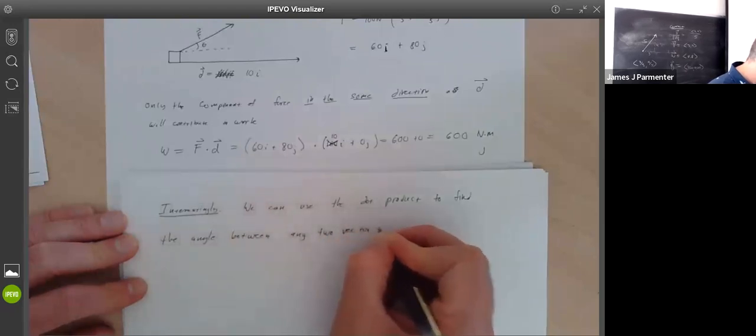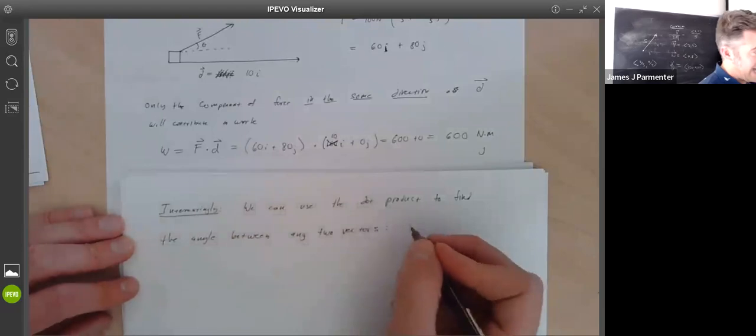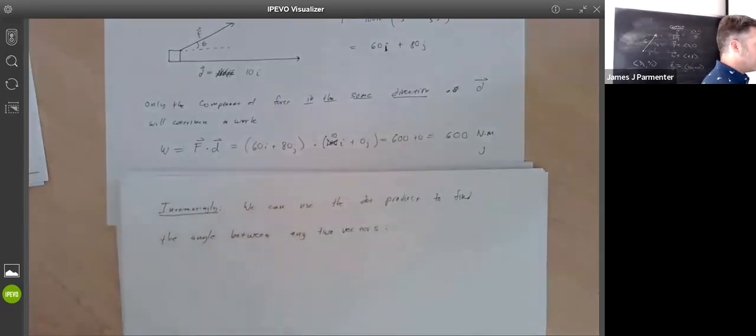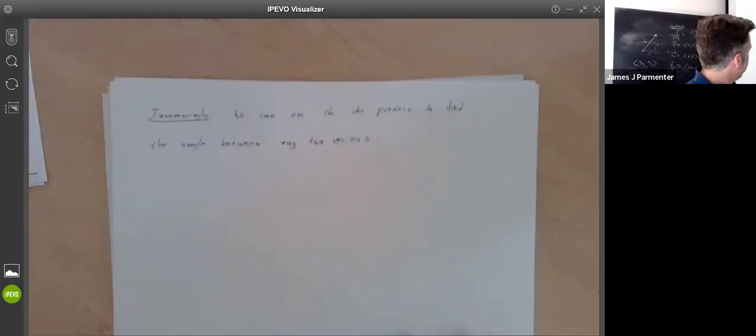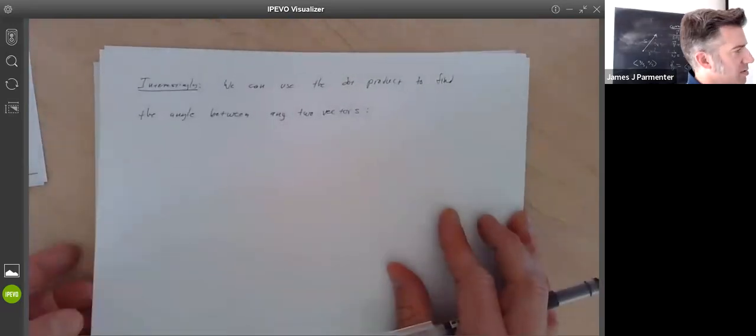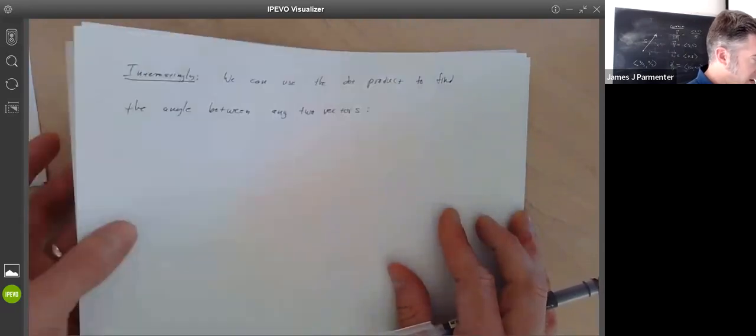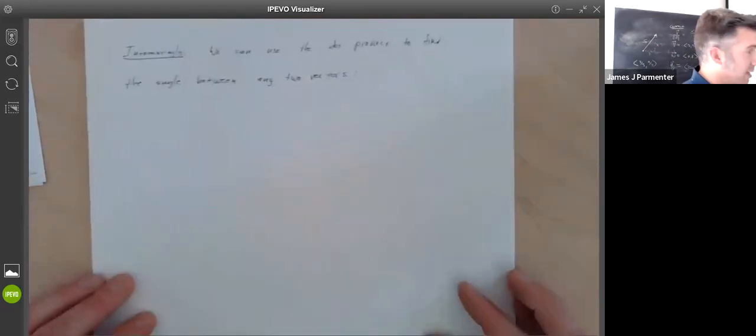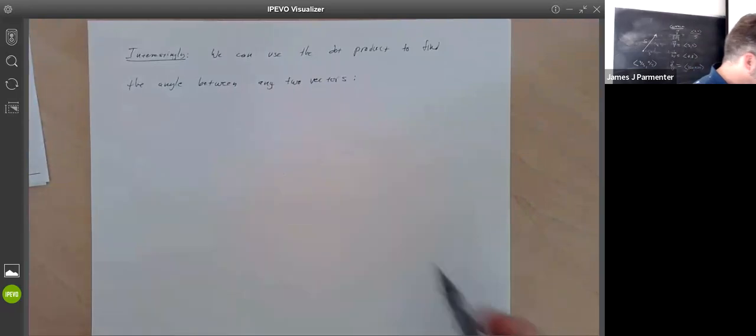And this is true in 2 dimensions, in 3 dimensions, actually in any number of dimensions you want. So you can talk about finding the angle between two vectors in 5 dimensions. It's not easy to visualize what's going on there, but it is very, very easily calculable, which is kind of weird.